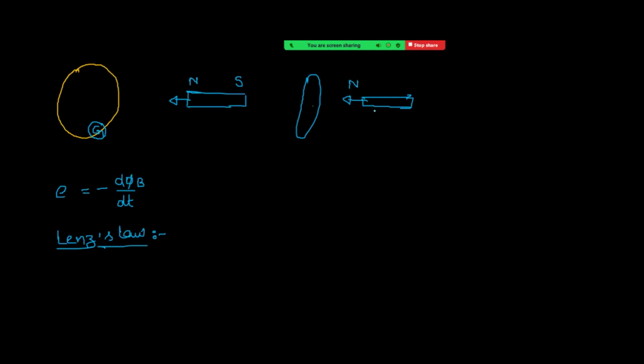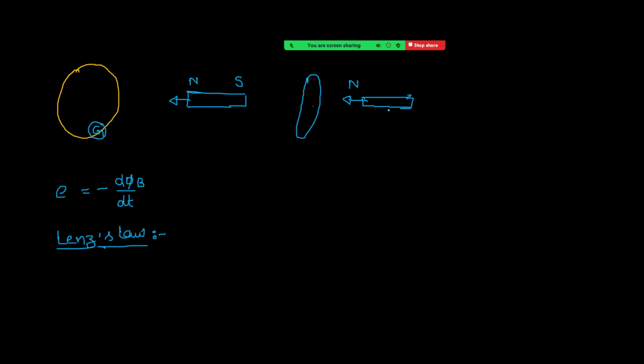You can see when it is moving towards the coil, the face which is facing this north pole acts as a north pole. So that north pole and this north pole now have repulsion. If you want to move this magnet, we have to do work to overcome this repulsive force.